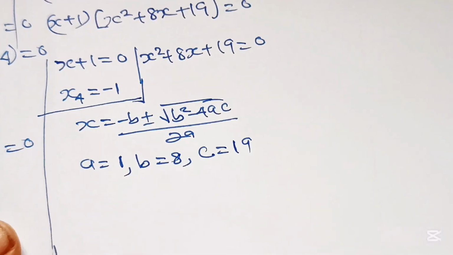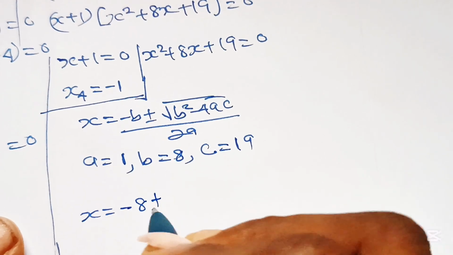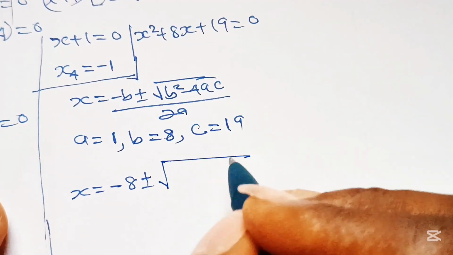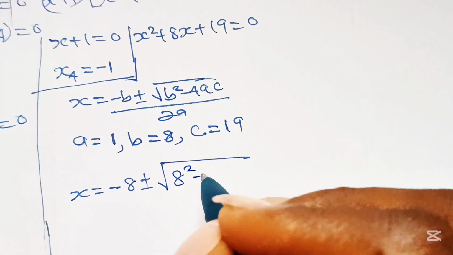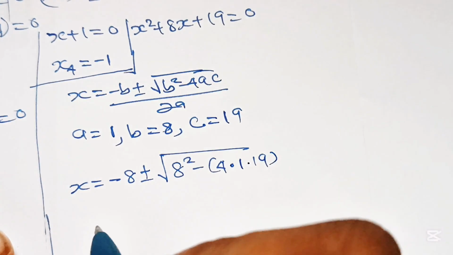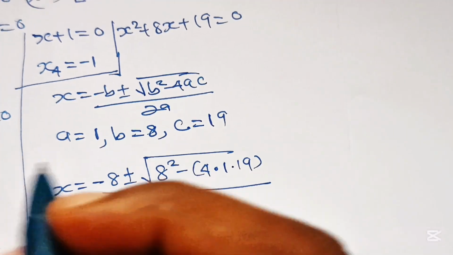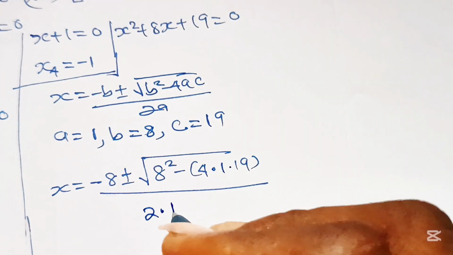Now let's substitute here. So we have x is equal to minus b, that is minus 8, plus or minus the square root of b squared, that is 8 squared, minus 4 multiplied by 1 multiplied by 19, everything divided by 2a, that is 2 multiplied by 1.